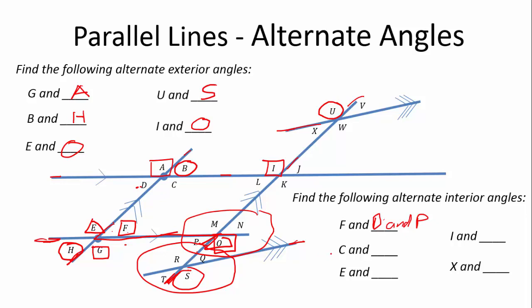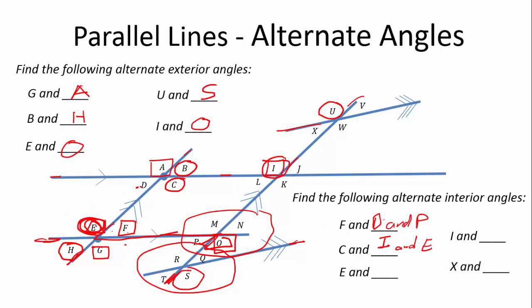What about C? Let's look at C. We put a circle around C. It's an interior angle for both I and E. So C can be for I and E. So what is E?